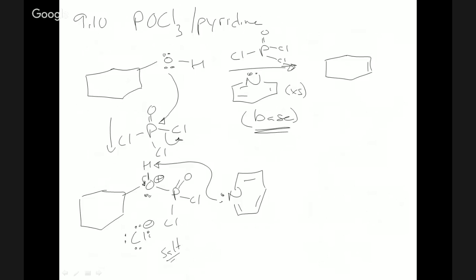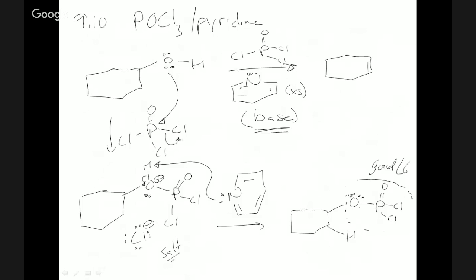Okay, that deprotonation gives the same idea. We just have created a good leaving group. Okay, so if you want to think of this as another leaving group, it's sort of generated in the reaction, but it's a good leaving group, like water. Okay, so this whole thing now is a good leaving group.